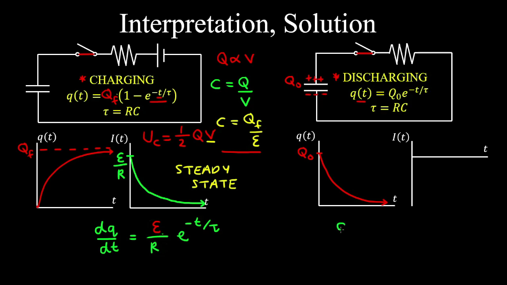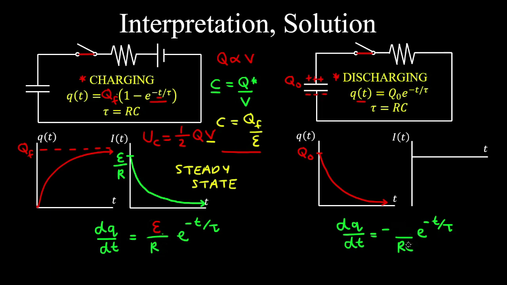And if we differentiate Q with respect to time, we get minus Q0 on tau, which is RC, by e to the minus t on tau. So as we said, Q on the capacitance is equal to the voltage.